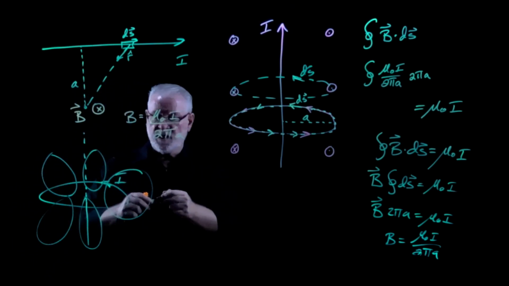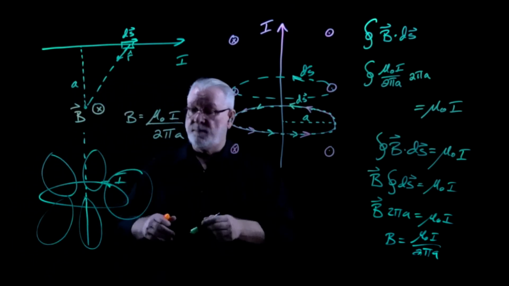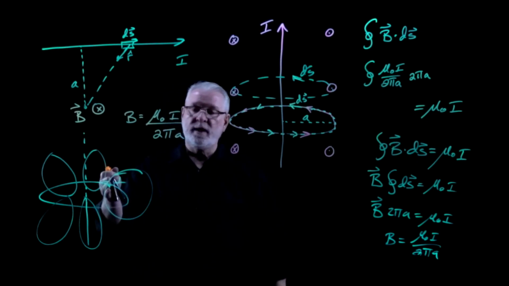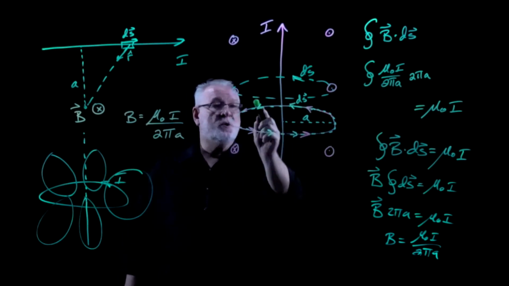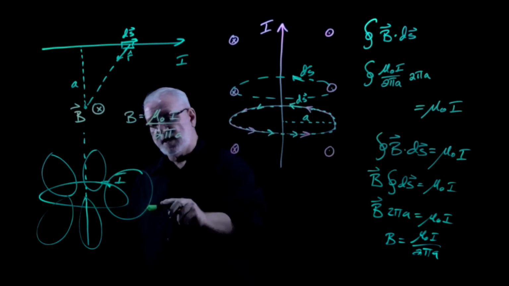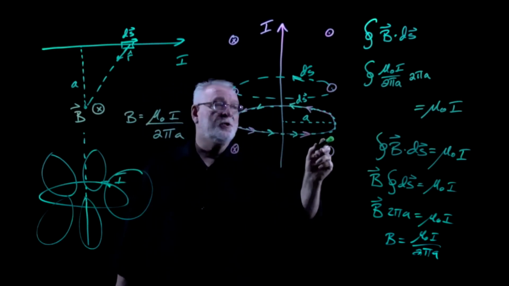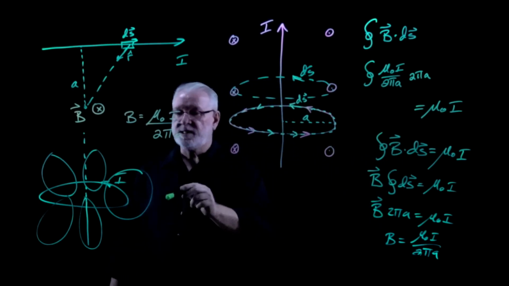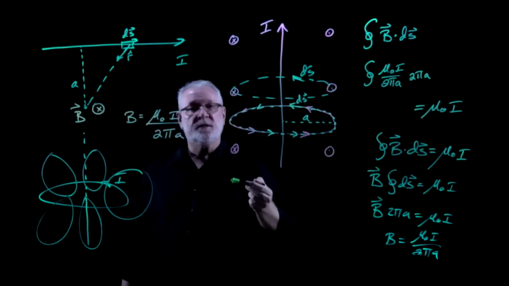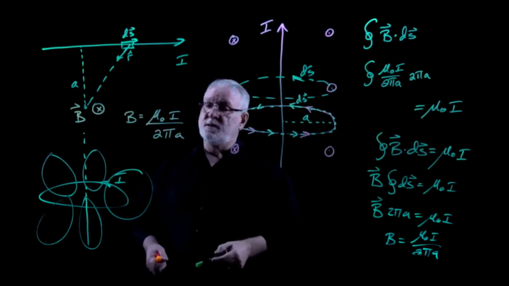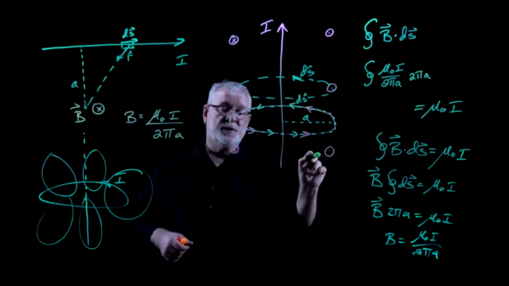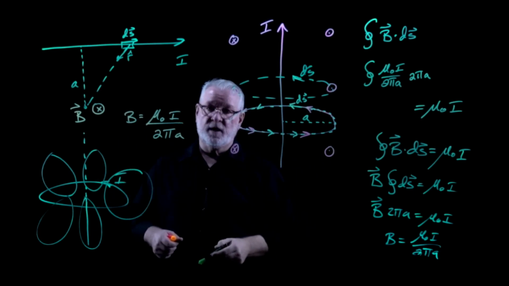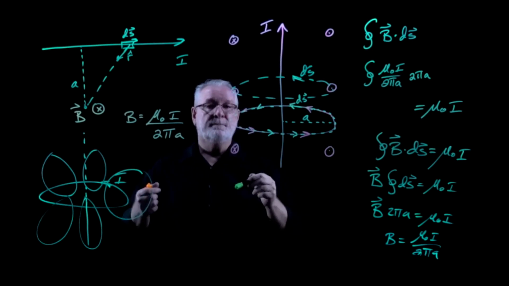So this forms a non-constant magnetic field. The magnetic field lines still form loops, but this part of the field is weaker than this one. And so if I tried to throw an Amperian loop on top of it, I would find that I couldn't perform the trick of pulling the B out of the integral because it wasn't the same at every point on the circle. So you can see there's plenty of situations where Ampere's law will not come to the rescue and we'll still need the law of Biot-Savart in order to evaluate magnetic field strength.